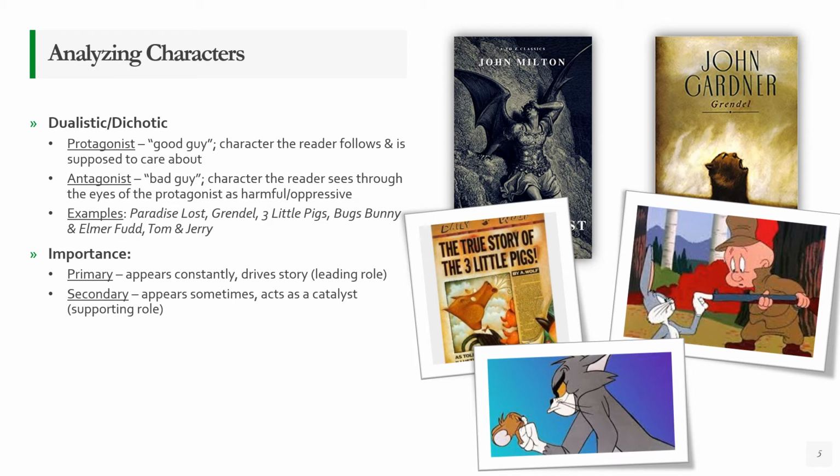Secondary characters are characters who appear sometimes in a story, okay? If you have multiple characters, sometimes you'll have secondary characters who act as catalysts. And the word catalyst just means something or someone who makes a change occur. Okay, someone who maybe gives a little nudge to the storyline and takes it in a different direction. Okay?